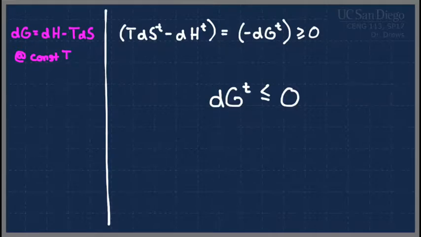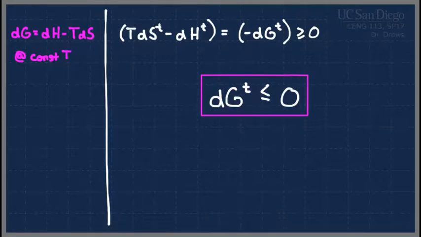Which means if those two things react at all, the result is that dG at constant T, the Gibbs free energy of the system, went down. If it didn't go down, it wasn't a real change and it wasn't a real system. That is why this thing gets all the boxes.